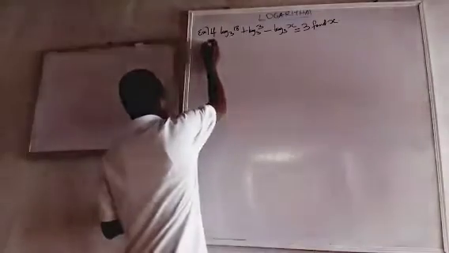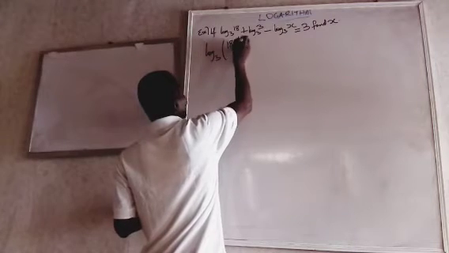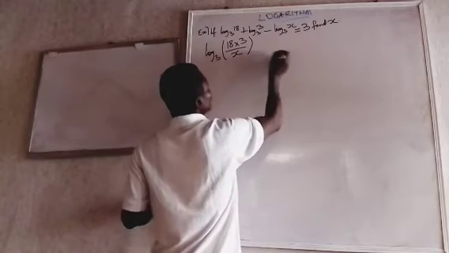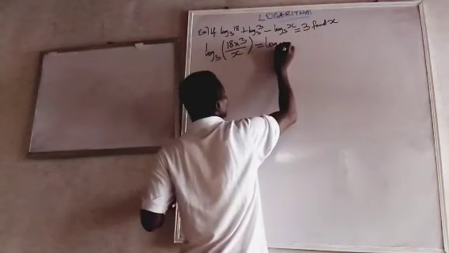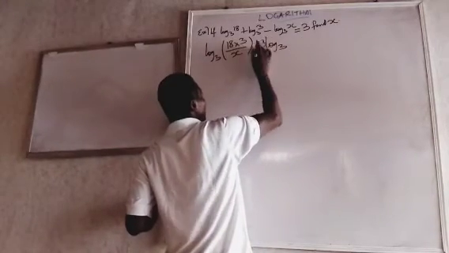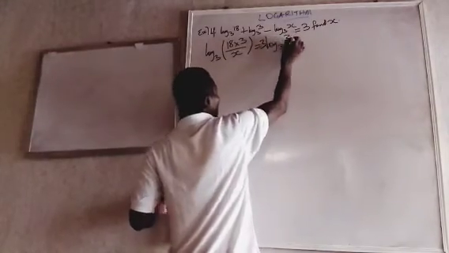So we can easily say that log to base 3 of 18 times 3 divided by x is equal to 3 log 3 to the base 3.